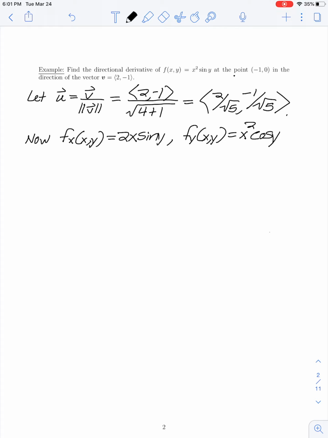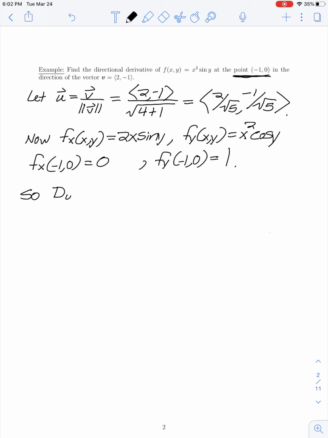Now we're interested in the directional derivative in this problem at a specific point, at the point -1, 0. So let's go ahead and evaluate these partial derivatives at the indicated point of interest, -1, 0. So here we find our partial derivative with respect to x is 0, and the partial derivative with respect to y at -1, 0 is 1.